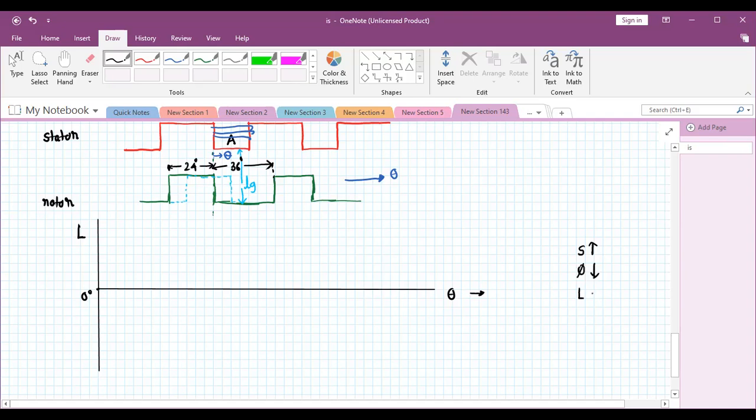And if the flux is less, what about inductance? See, in this position, I am discussing this green hard line, considering it as the rotor position. In this particular case, the length Lg is higher. So reluctance is more, and if reluctance is more, flux will be less. So inductance will be high or low?